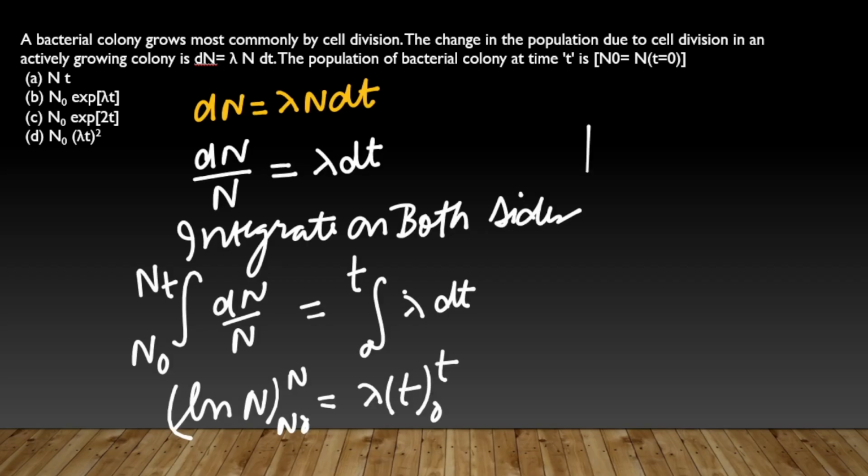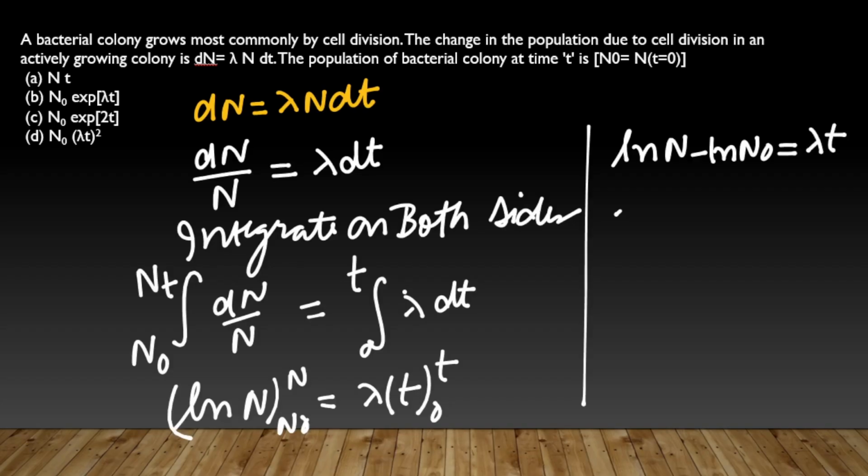Now just put the limits. Natural log of n minus natural log of n naught is equal to lambda times t.